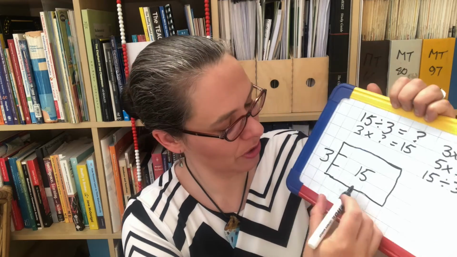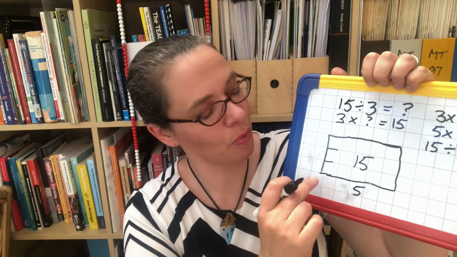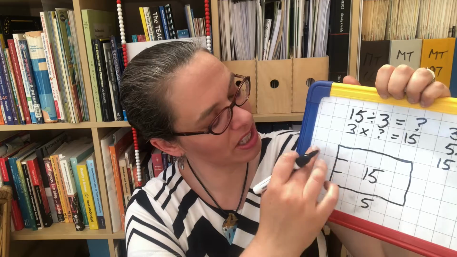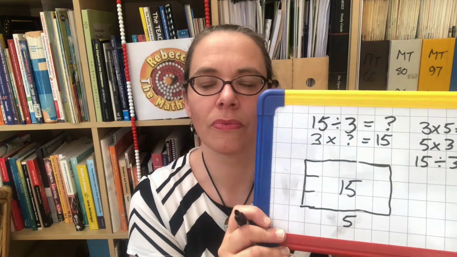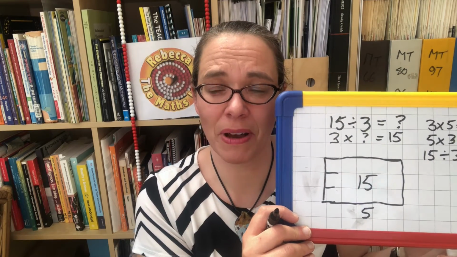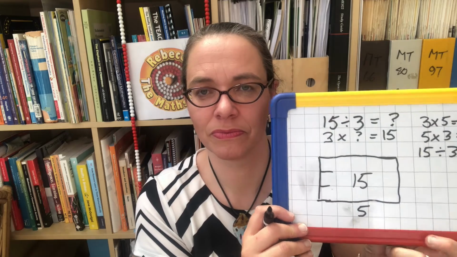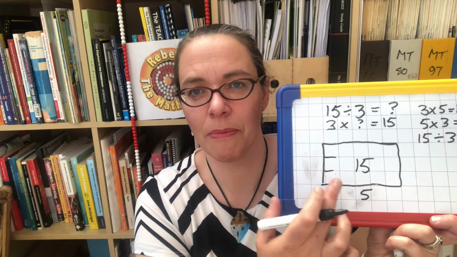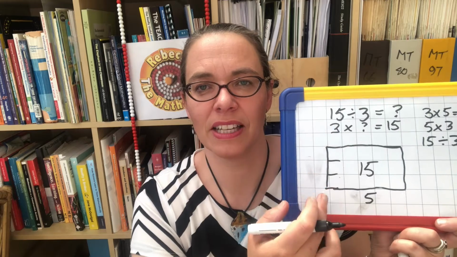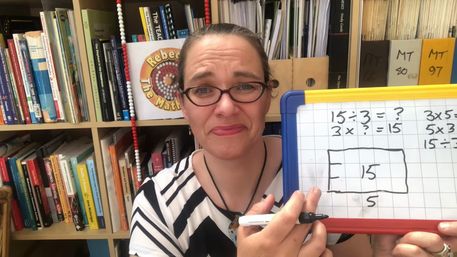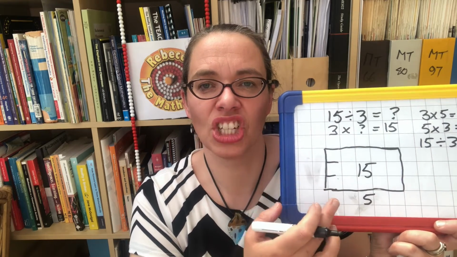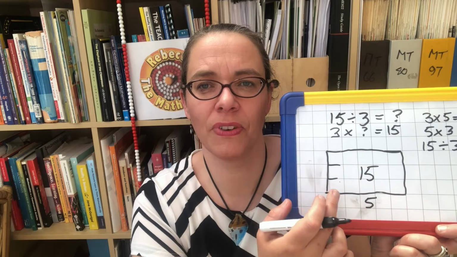But then there's also the question where we know that one side is 5 squares long and we're trying to puzzle out the other one. If we're doing 15 divided by 5, we can either say how many groups of 5, and that tells us the height of the rectangle, or we can share the 15 equally into 5 groups.